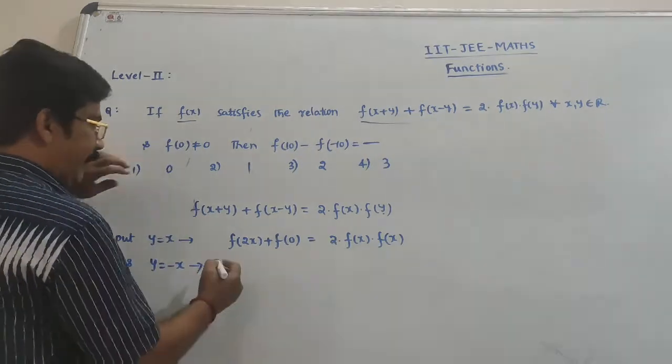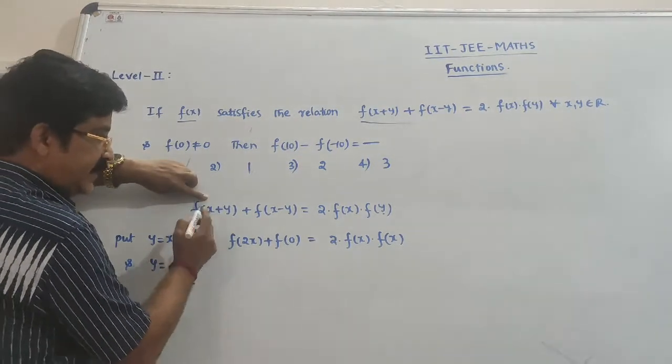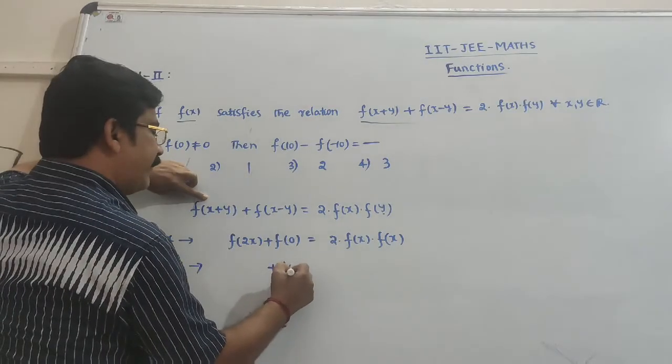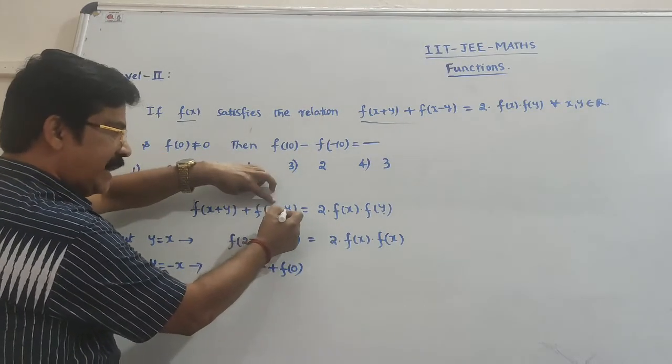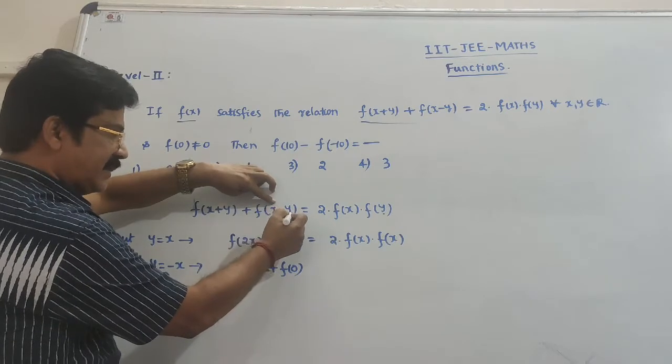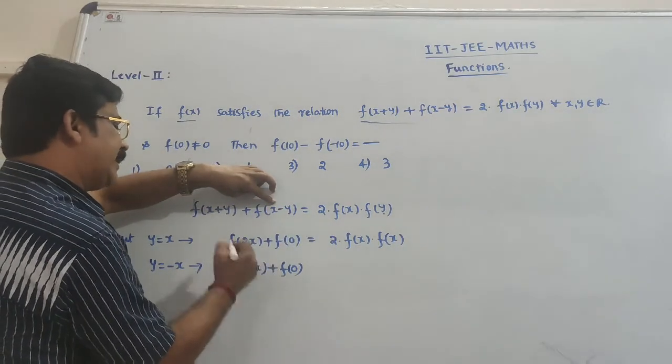Then x minus x is 0, so f of 0, and x minus minus x is x plus x, which is 2x, so it is f of 2x.